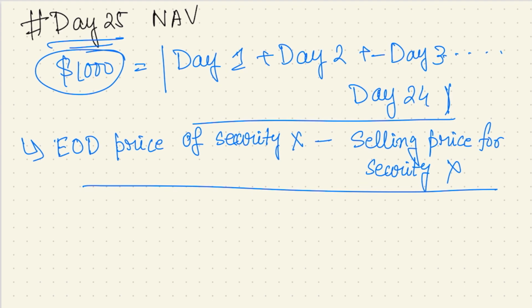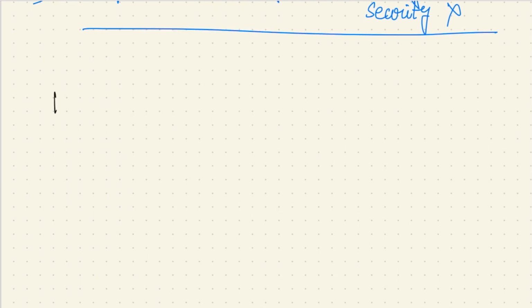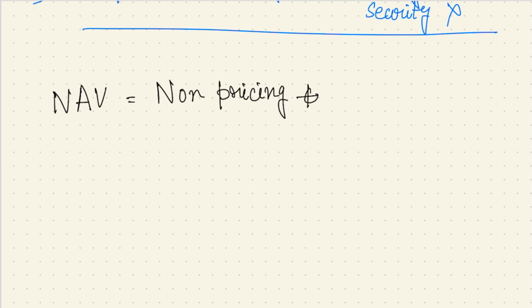Now I was telling you how the unrealized gain and loss is related to pricing. As I said in my prior video, when we calculate NAV, NAV will have two components. One will be a non-pricing component and one will be a pricing component.